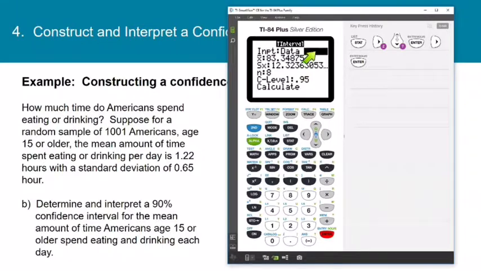So you can see now that Stats is selected, and notice that it's offering me an X bar and an S. It's just getting that from what I have in list 1.